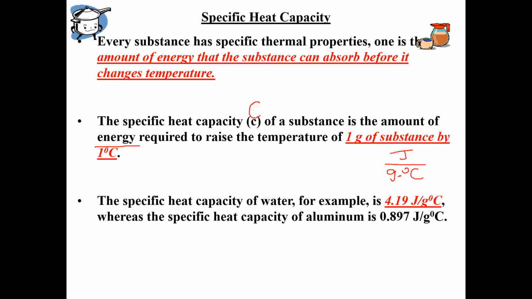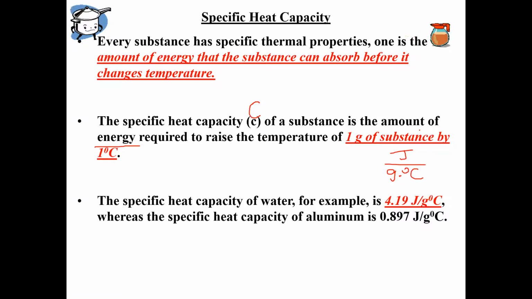A common thing to think about is aluminium. If you take aluminium foil, think about how much it takes for it to warm up. Okay, it does take a little while.